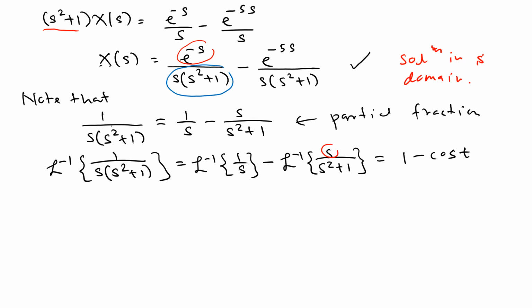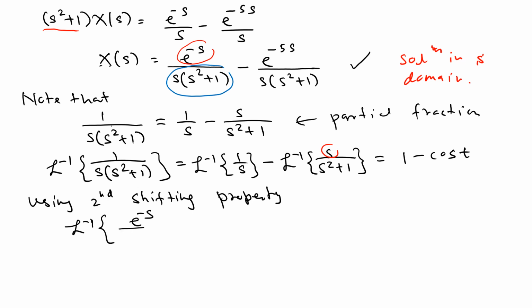But there are two functions, and we're going to consider those two separately. So using the second shifting property, we have L inverse of e to the minus s over s squared plus 1.